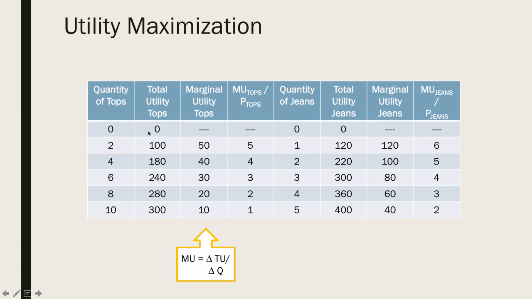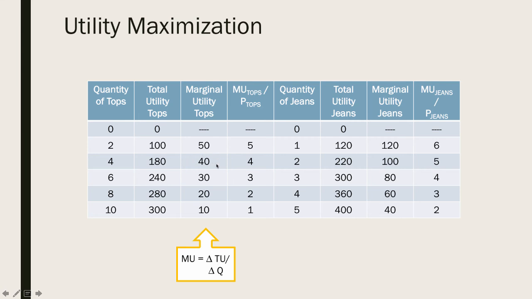And I divide that by my difference in quantity, which is the difference between 2 and 0. So when I take 100 and divide it by 2, I'm going to get my marginal utility of tops at 50. Likewise, if I have the difference between 180 and 100, I have 80 utility here, and my difference in tops is going to be again 2. So 80 divided by 2 is how we get the number 40.